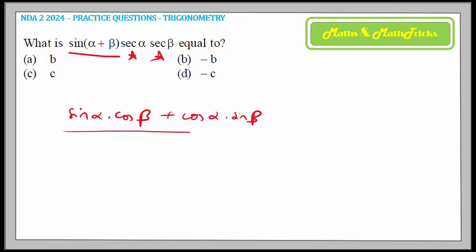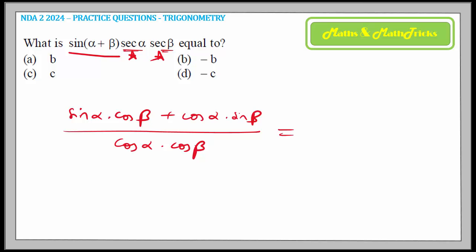And you are multiplying this by secant alpha secant beta, which is nothing but 1 upon cos alpha into 1 upon cos beta. This means the numerator gets divided by cos alpha into cos beta, because secant alpha became 1 upon cos alpha and secant beta became 1 upon cos beta.